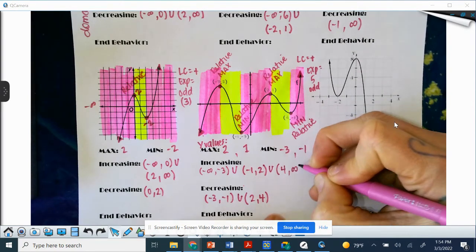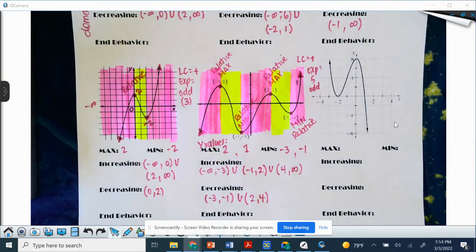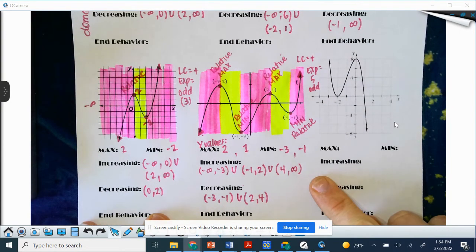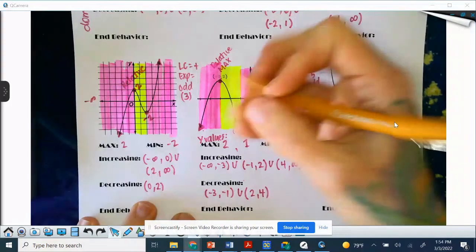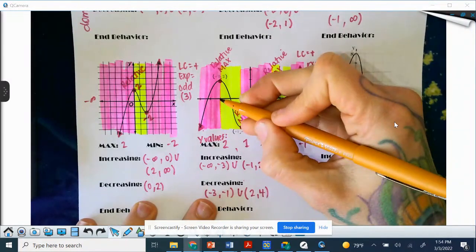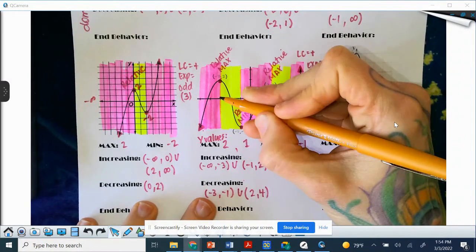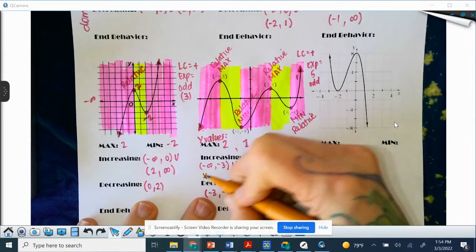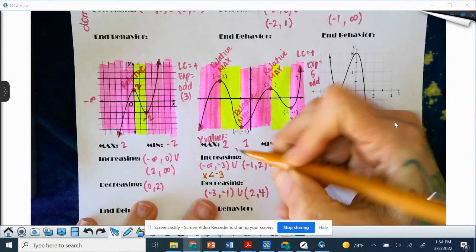Now, depending on where you look and where you see these, they may not be written in this notation. It could also be written in inequality notation. So from negative infinity, all the values less than -3: if x is less than -3, it's increasing.